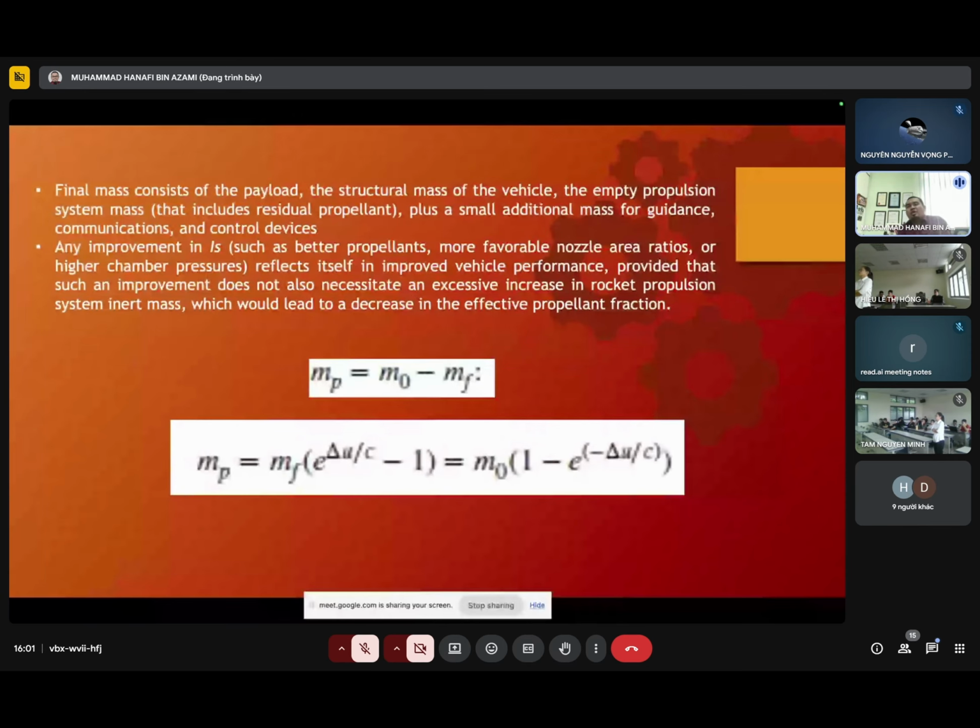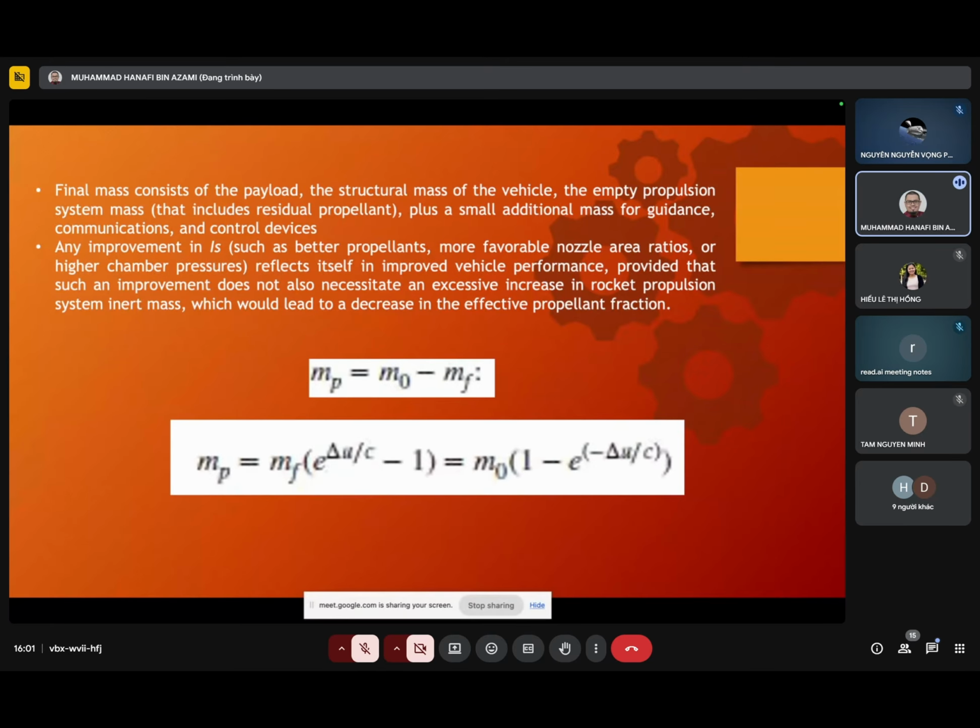That's why you cannot have a very large expansion ratio, epsilon, which is equal to AE over A throat. You want a favorable nozzle area ratio, but you have to tackle the separation.